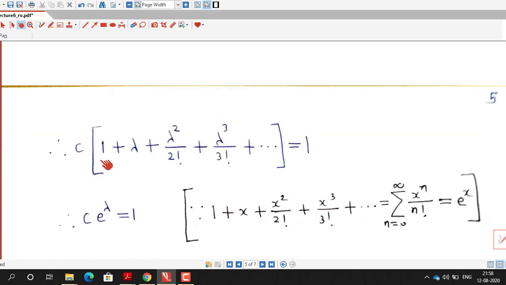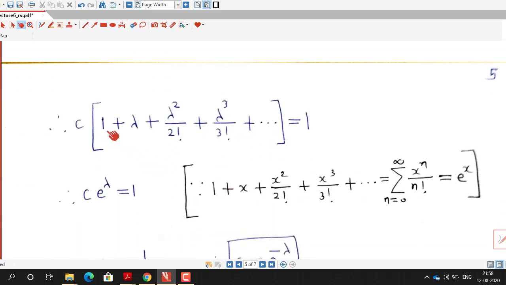So we have this infinite series. Now recall this important series from calculus, the Maclaurin series of e raised to x: e raised to x is 1 plus x plus x squared by 2 factorial plus x cubed by 3 factorial and so on. The sum of this series for any value of x is e raised to x.